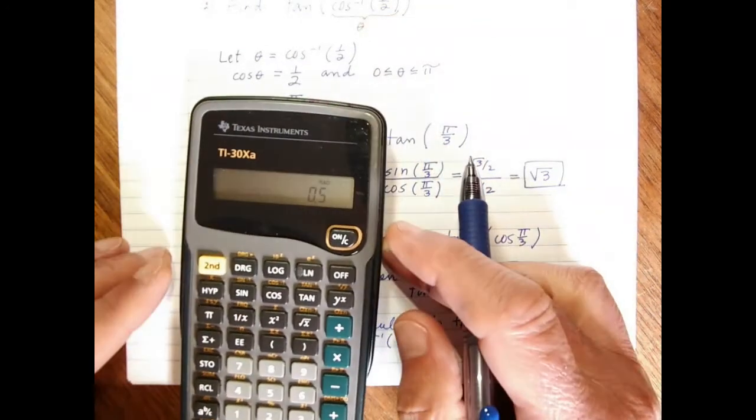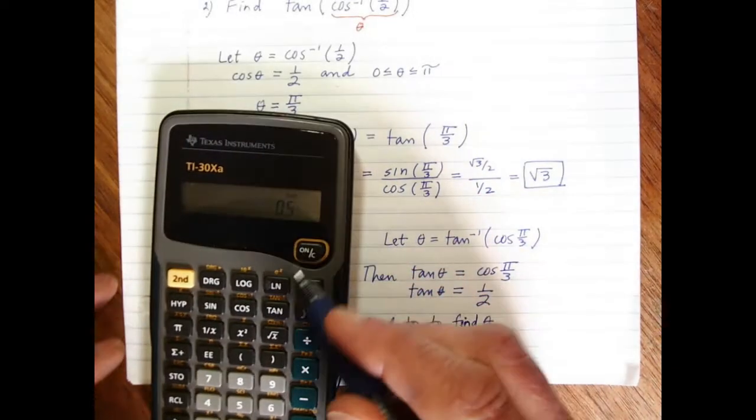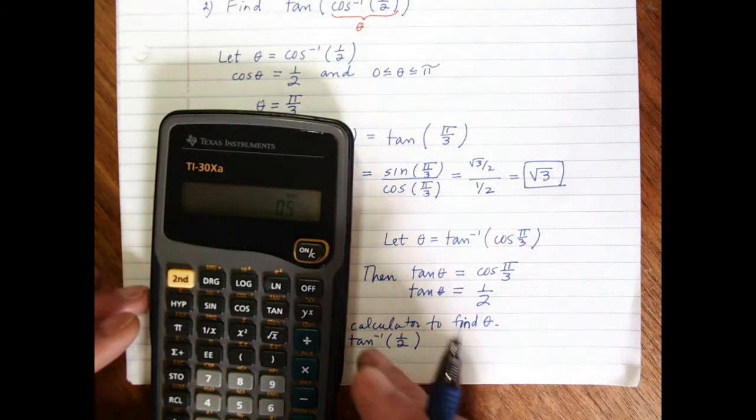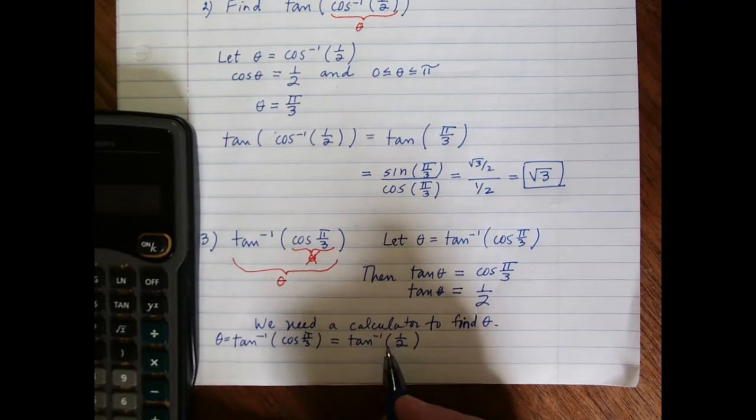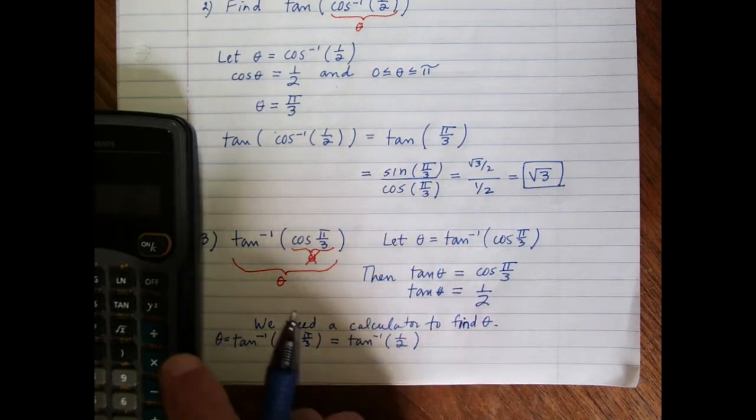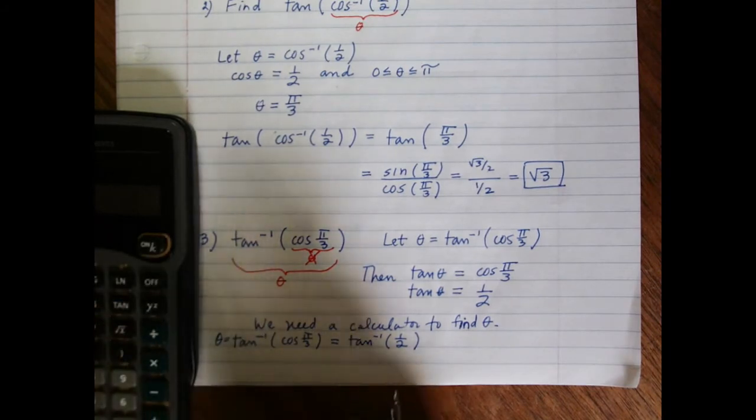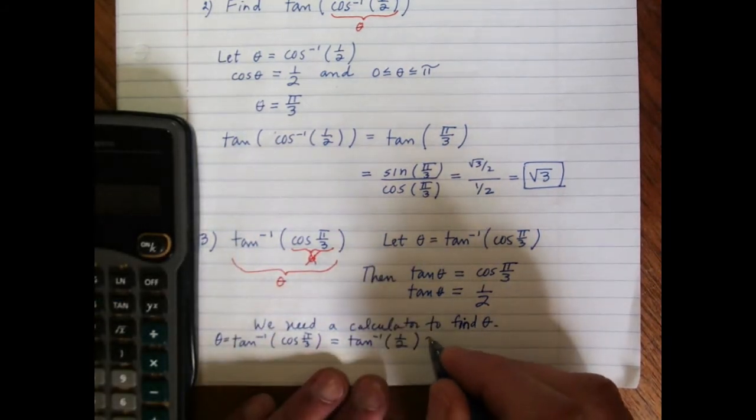We've been working with radians, so I'm setting this calculator to radian mode, because the output could be in degrees or radians, depending on what mode my calculator is set to. We've been using radians only for quite a while here, so I'm going to use a radian output and do second tan inverse, and I'm going to have to round off also.